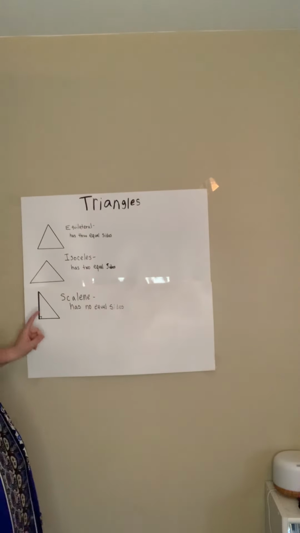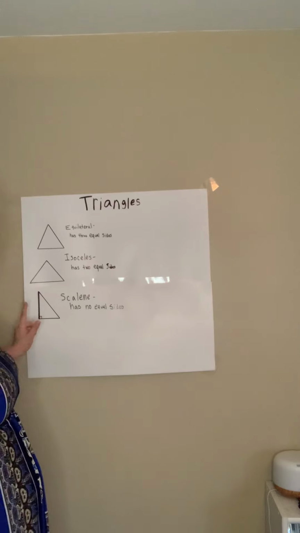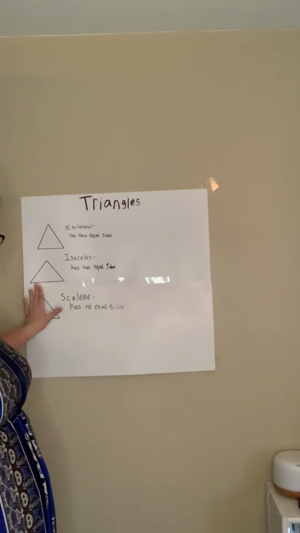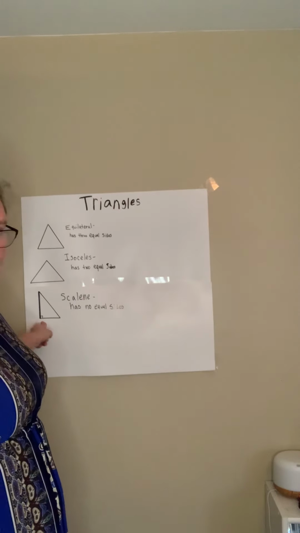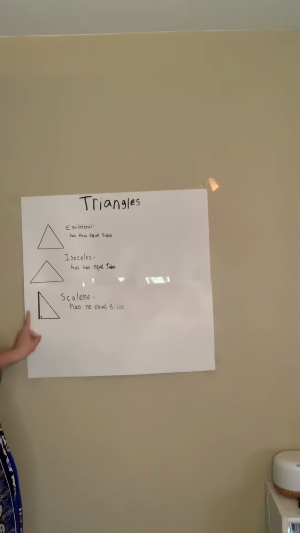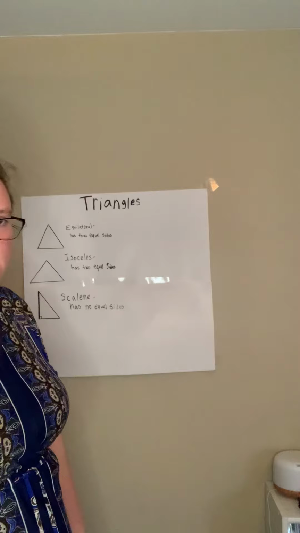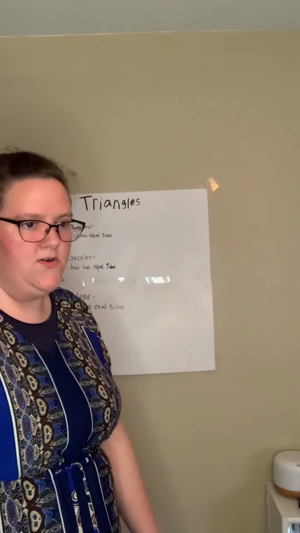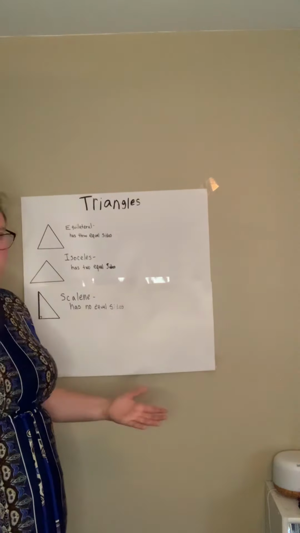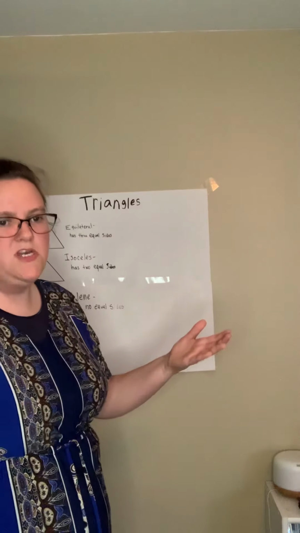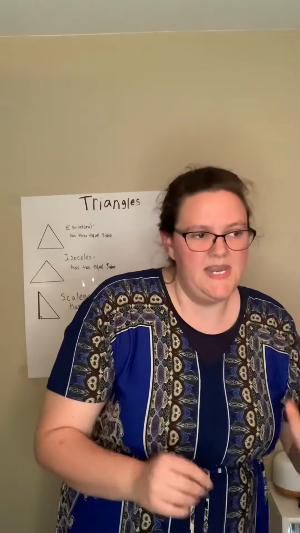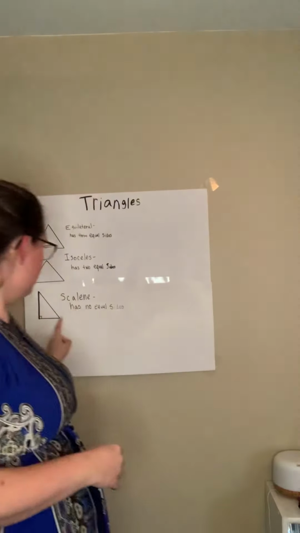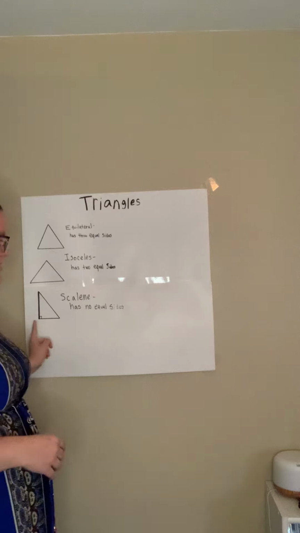Well, yeah, it does look a little bit different because it's kind of sitting upright, huh? I put that little tiny square there just to tell you that that is a right angle. You remember learning about angles last week. What can you tell me about right angles? Yep, that means that it is 90 degrees. So this angle right here is 90 degrees.